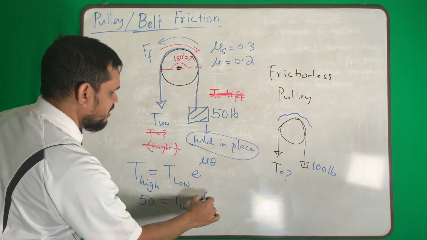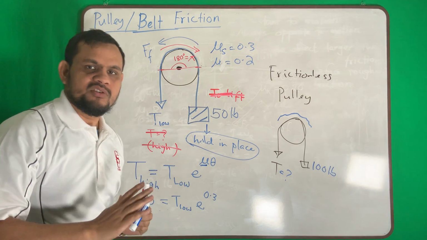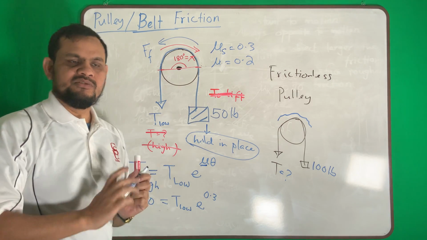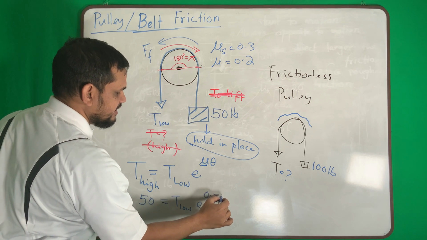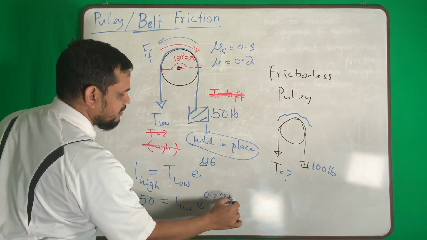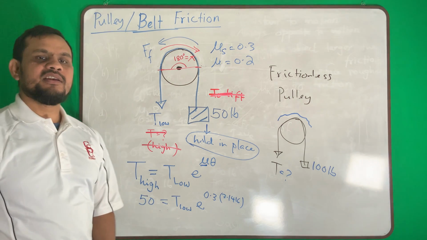Then e to the power 0.3, because it is not moving, I am holding it in place. And my angle is pi, which is 3.1416. Then you can find T low.